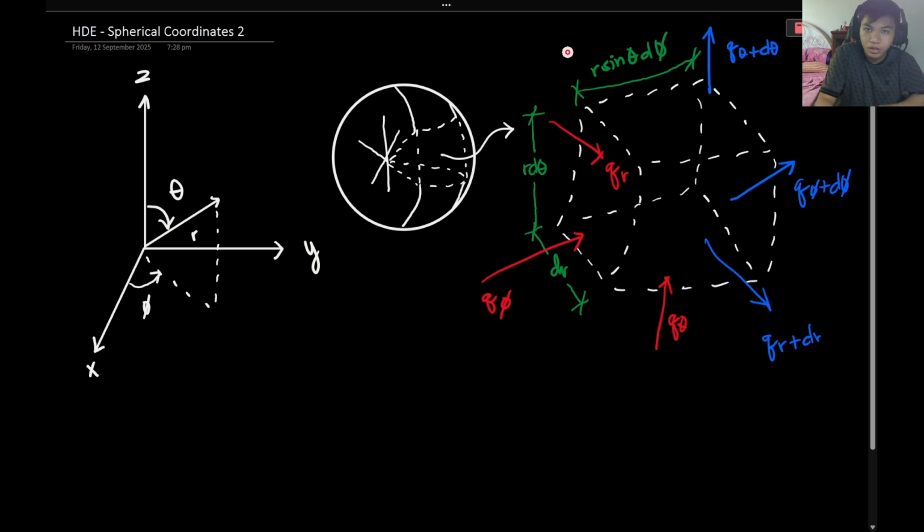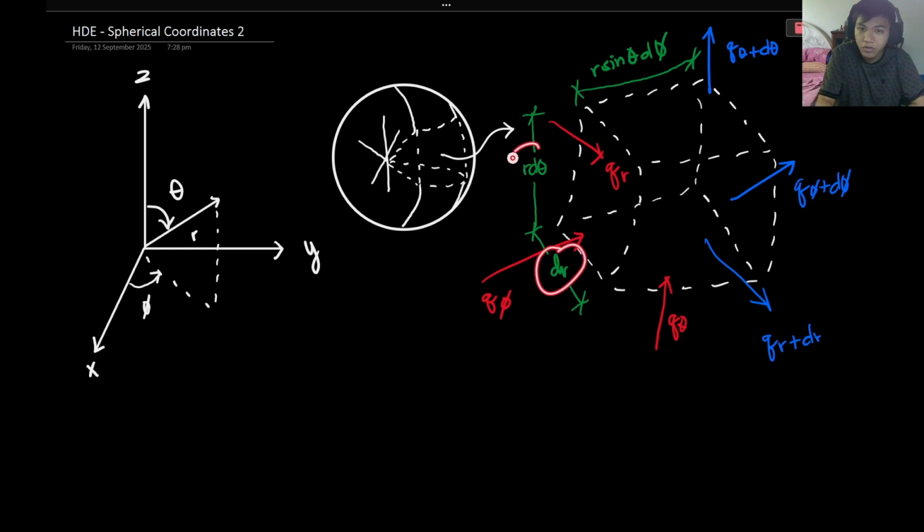Let's try to have our laser. When we take our differential control volume, we notice that we have our coordinates: dr, r d theta, and r sine theta d phi.